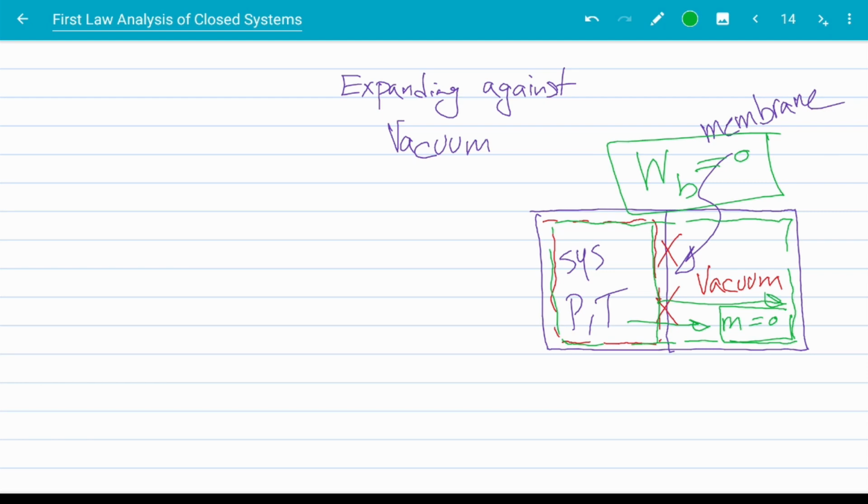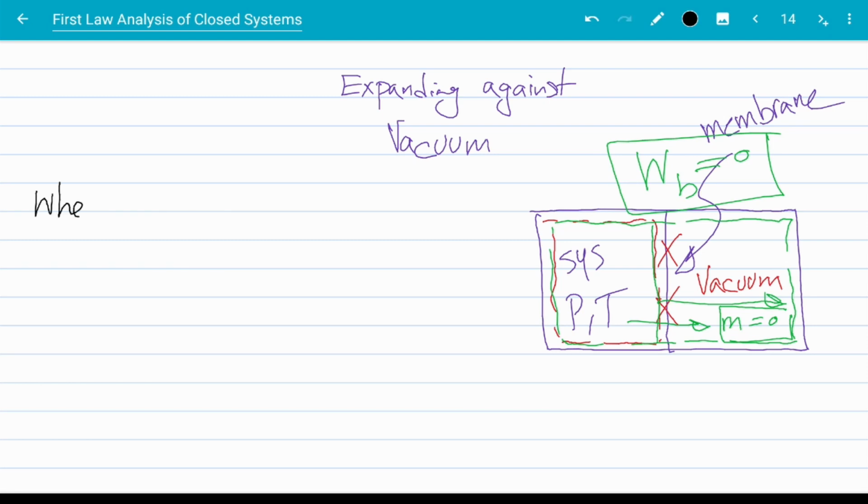So if work is moved across the boundary in the form of boundary work, something on the right-hand side, something in this empty side of the tank, needs to receive that work. Some sort of surroundings is needed to receive the work to make the work interaction. But because the vacuum is empty, because there is no mass there, no boundary work is happening. So this is very important because you will see this in many examples and maybe in your exams.